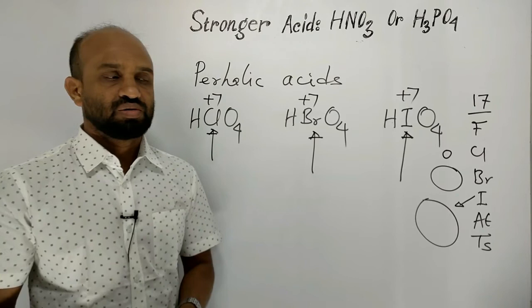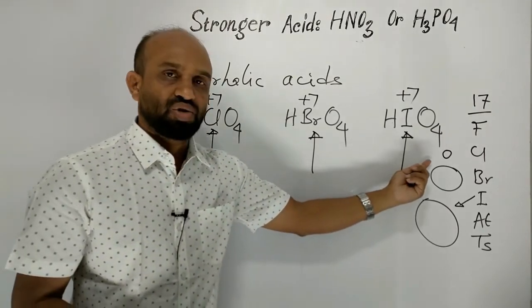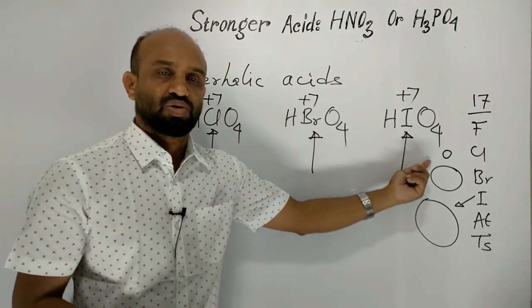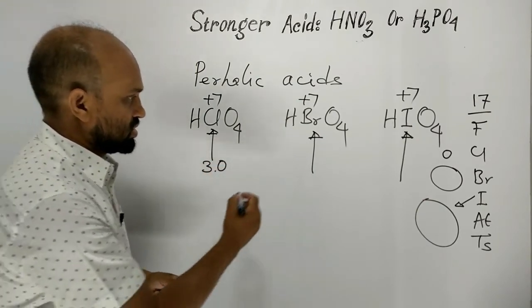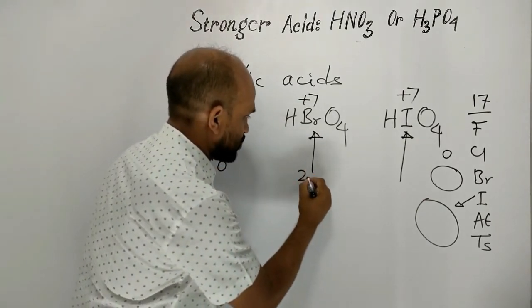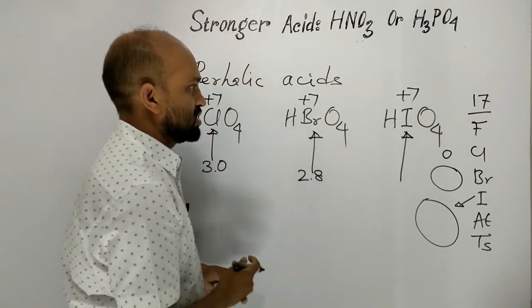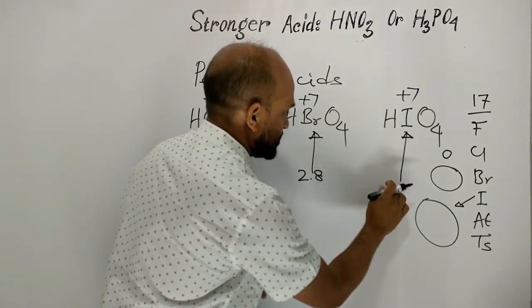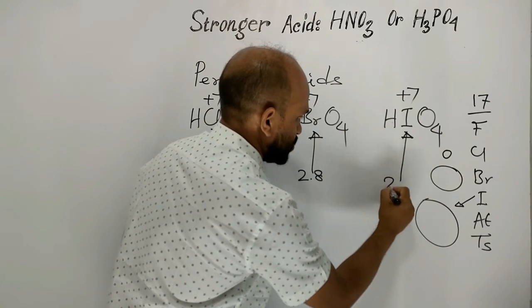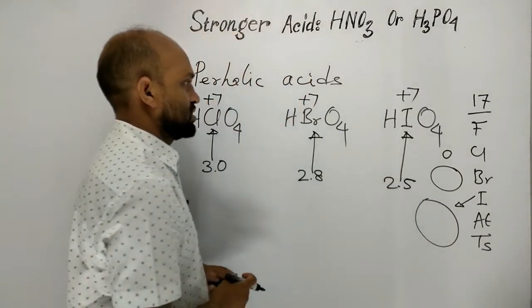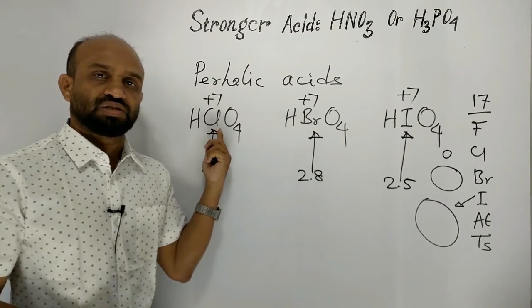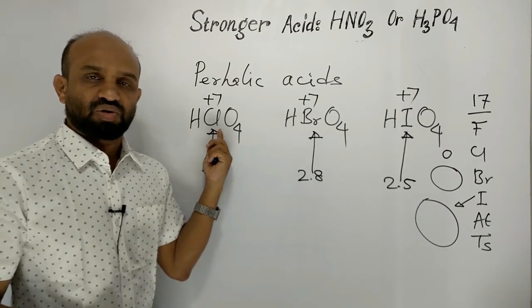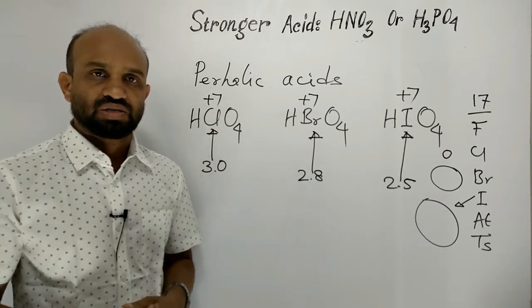Again, we know electronegativity of chlorine is 3.0, for bromine 2.8, and for iodine it is 2.5. On one hand, charge density is very high for chlorine in perchloric acid.